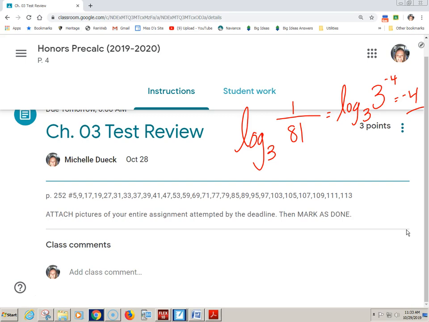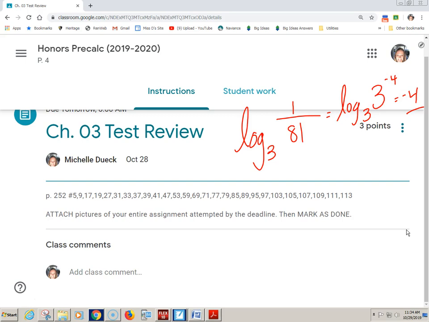But if you know the change of base formula, which you need to know anyway, just do that. Let's say I gave you log base 3 of 1/81. Technically, it's -4. You should be able to find -4. But we don't have -4 on those ones.